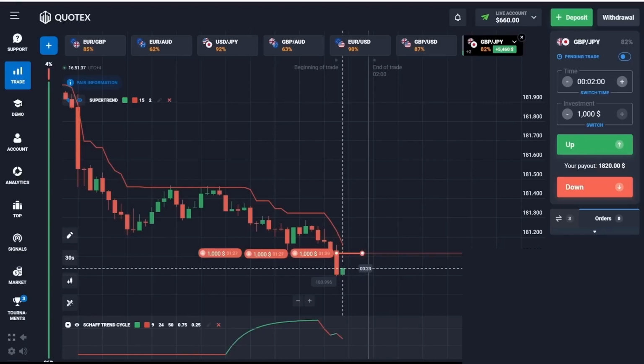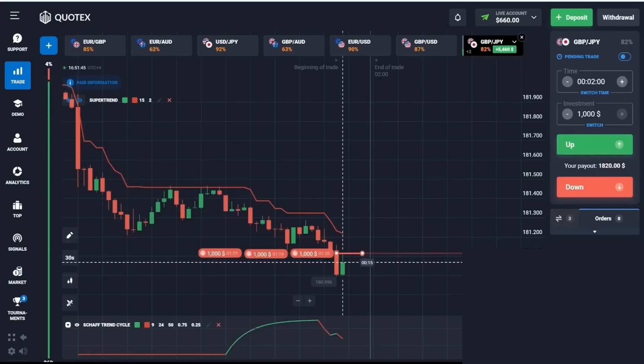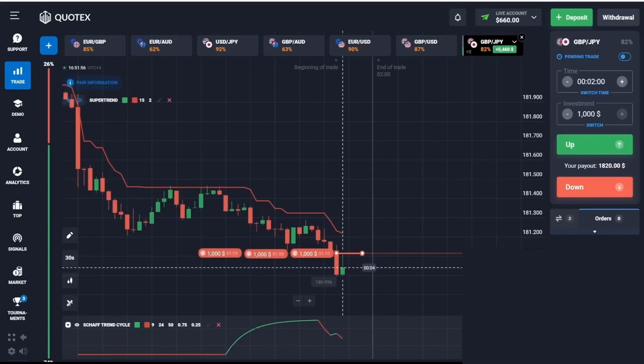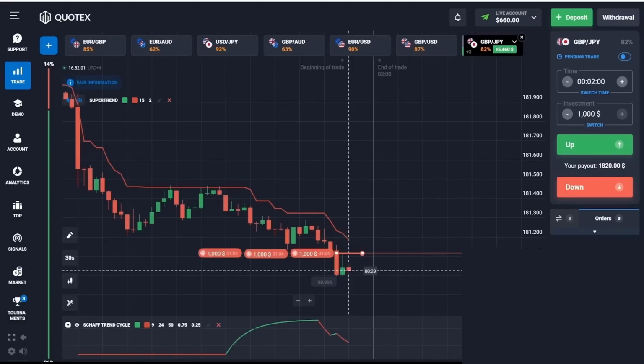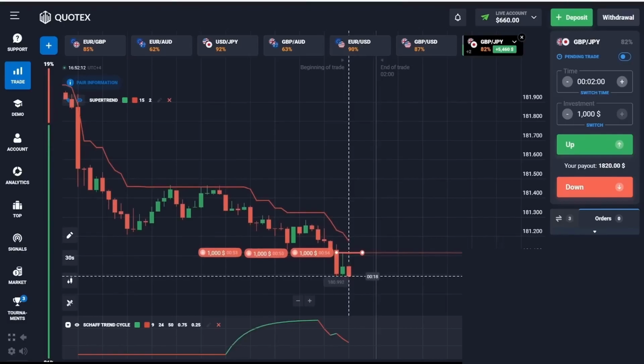Also, the Supertrend line has started to move from top to bottom. This means I have two good signals with a downtrend, and I had to open the position in the downward direction, of course. This method is one of the simplest in my methods, and I really like to use it in a stable market, because thanks to it, I know when a good moment is to open a position.